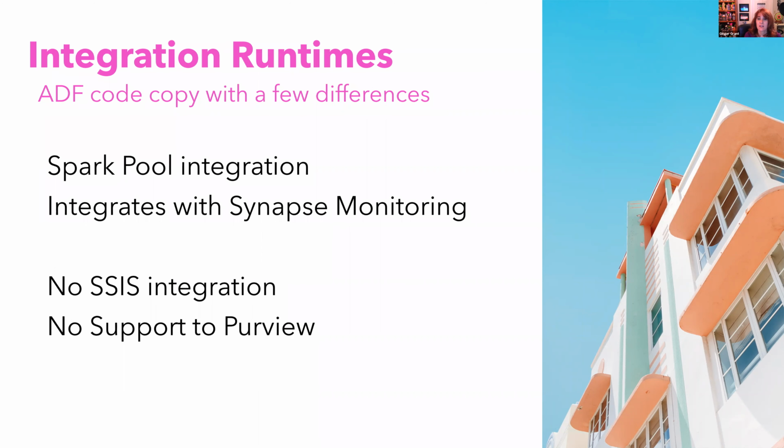I can tell you that it is stupid expensive. It's very expensive, but it is really cool because it can catalog all of your data. You'll just pay for that. But there's no support for integration runtimes within Synapse with Purview, unlike ADF. ADF does full integration.